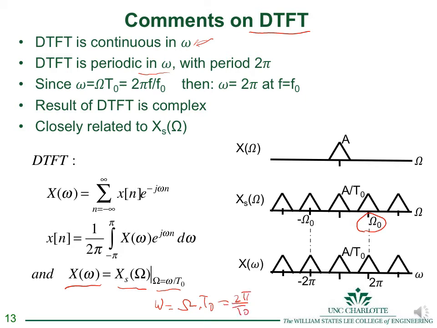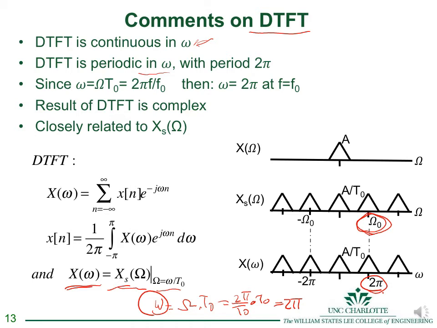That's omega 0 times t0. So that tells us that frequency corresponds to discrete time frequency of 2 pi. And so we see here 2 pi is in the same location as omega 0. This equation tells us that we have the same value.